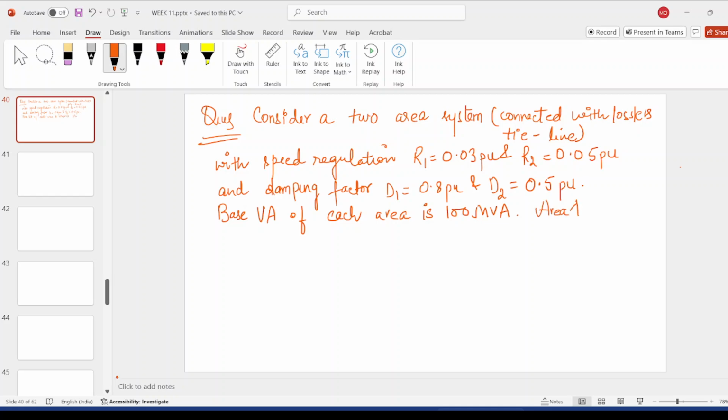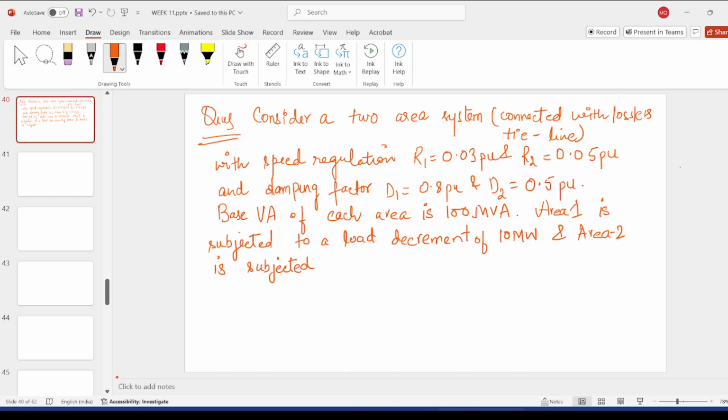Area 1 is subjected to a load decrement of 10 megawatt, and area 2 is subjected to a load increment of 15 megawatt.